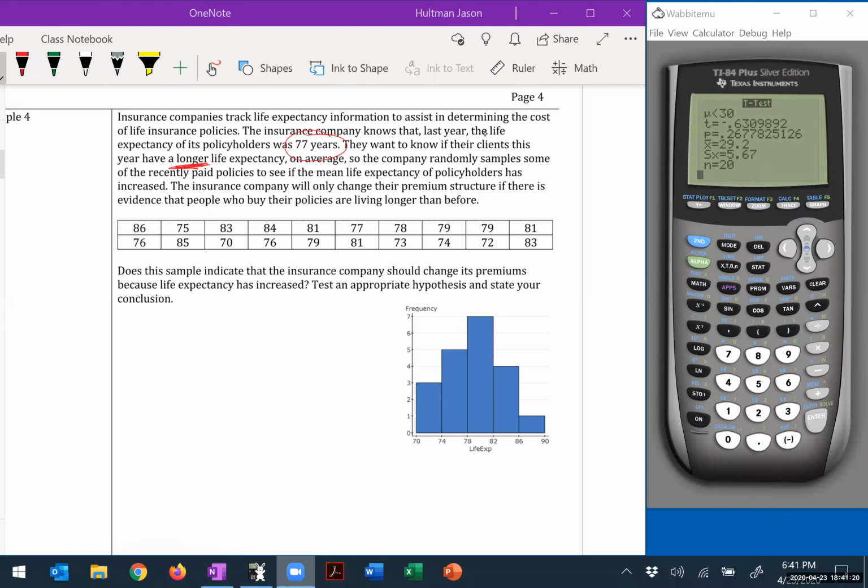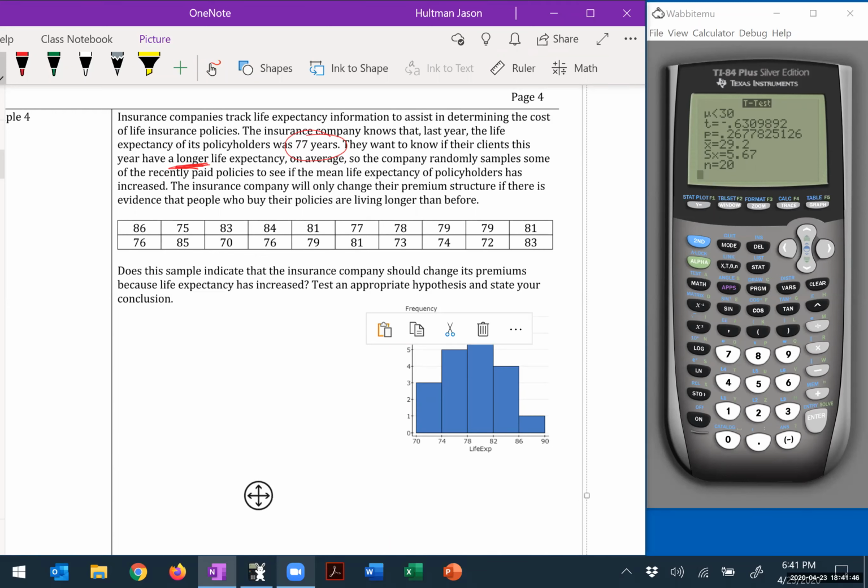Okay, so the company randomly samples some of the recently paid policies to see if the mean life expectancy of policyholders has increased. The insurance company will only change their premium structure if there is evidence that people who buy their policies are living longer than before.